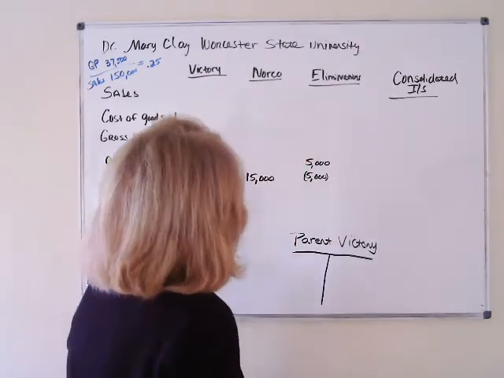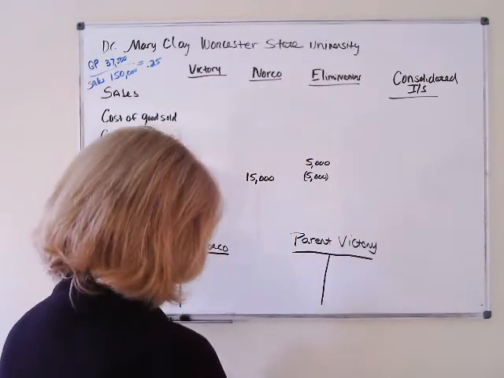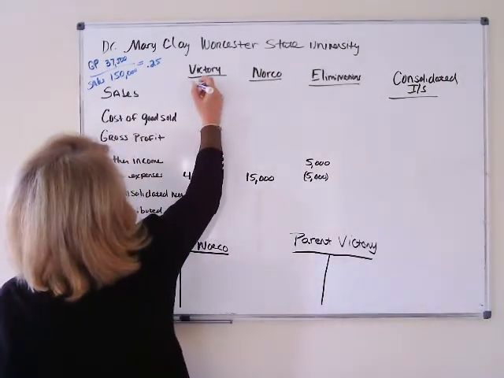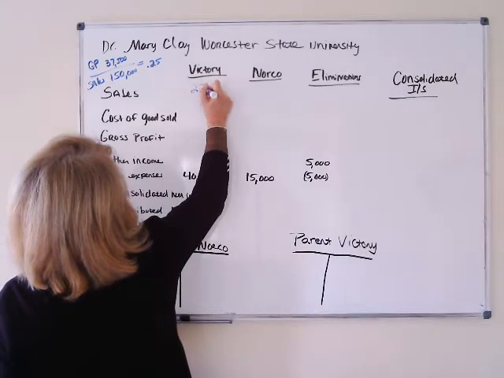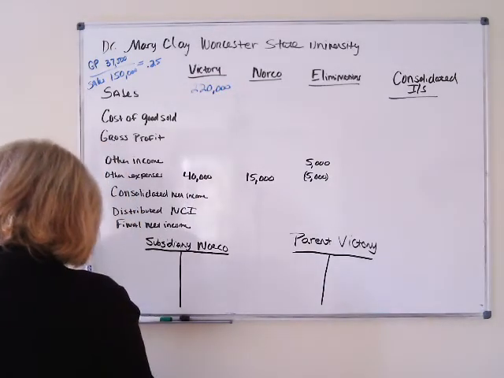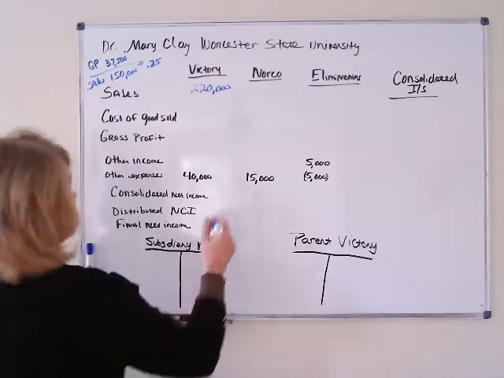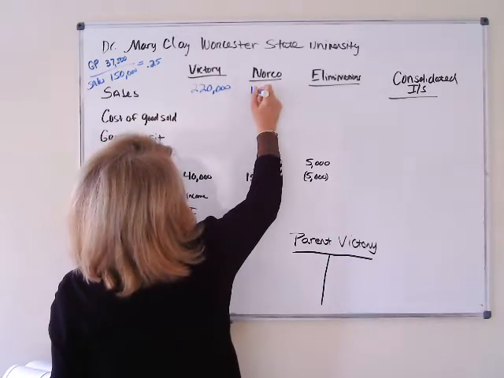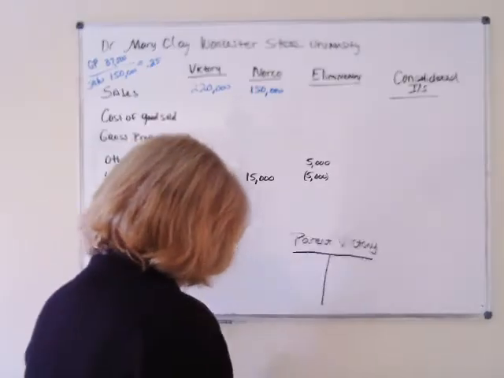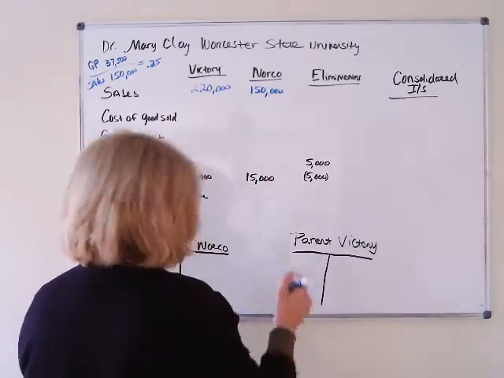So I go to the board, and we're going to put in sales for Victor, which is 220. We're going to put in the sales for Norge, which is 150. And then we're going to eliminate $90,000.